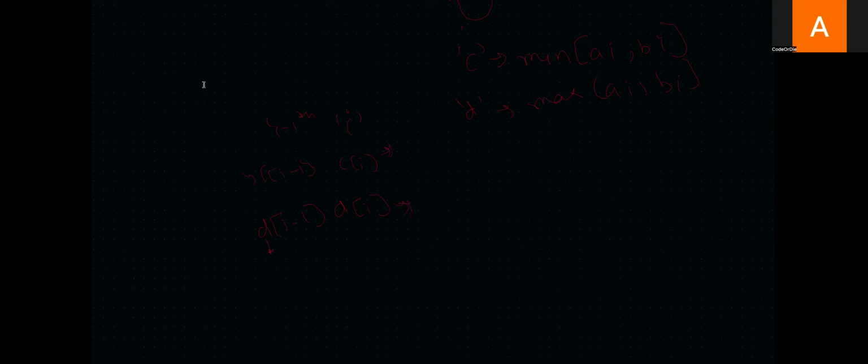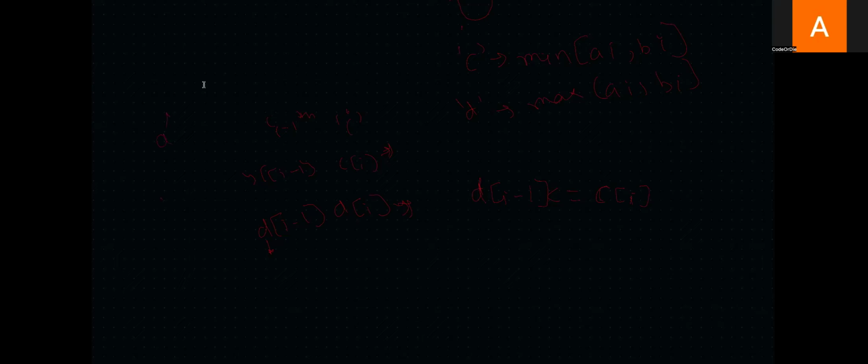So my question is: if di minus 1 is less than or equal to ci, what does it mean? The maximum value of the i minus 1th index is less than or equal to the minimum value of the ith index. So this will be my array, let's say a dash and b dash.